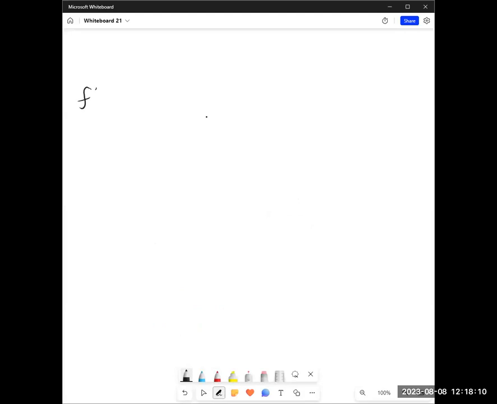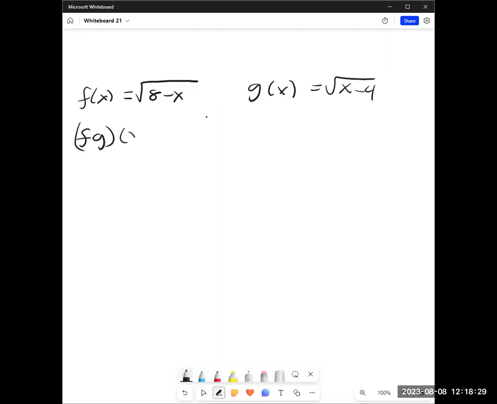f of x is equal to the square root of 8 minus x, and g of x is equal to the square root of x minus 4. We're going to multiply them together here. f times g of x is going to be the square root of 8 minus x times the square root of x minus 4.